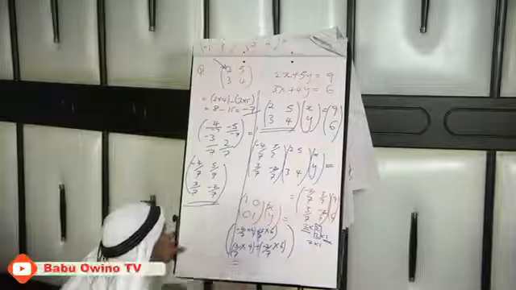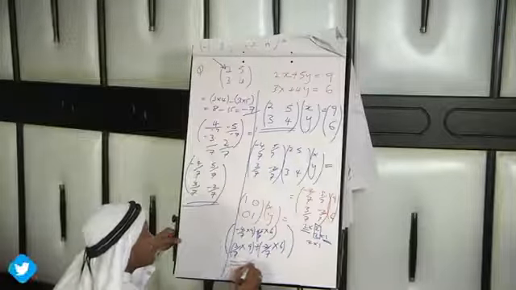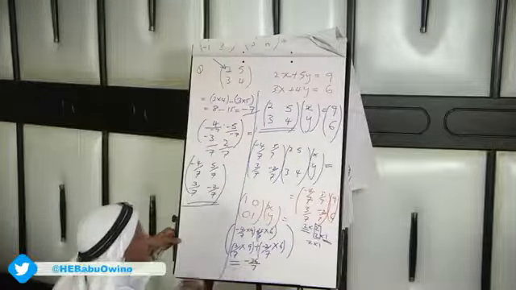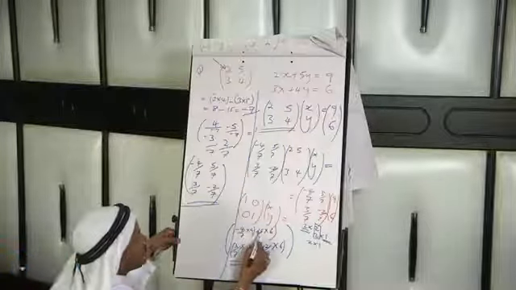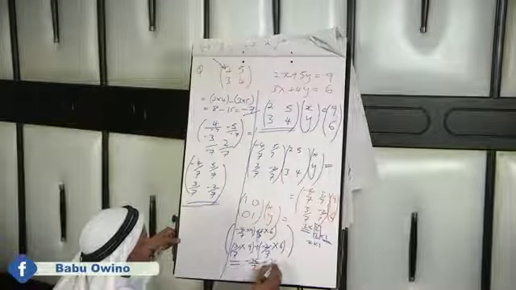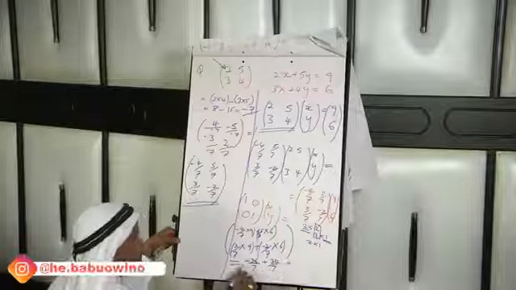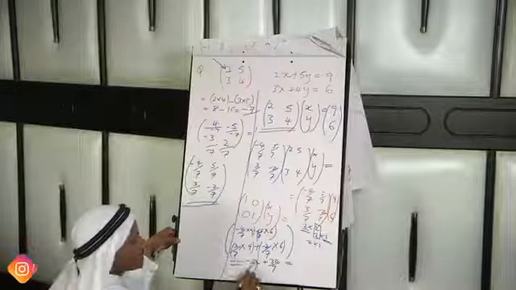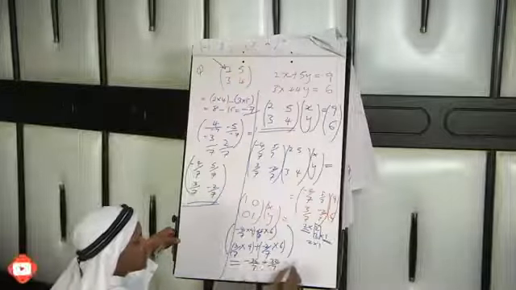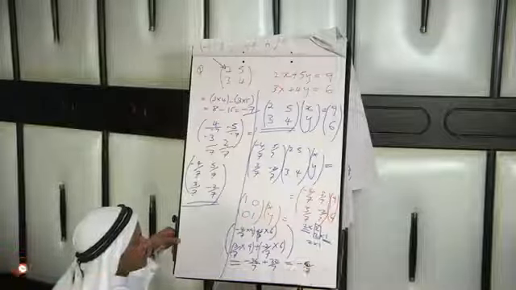What do we get? Minus 4 over 7 times 9 is minus 36 over 7, plus 5 over 7 times 6 is plus 30 over 7. This gives us minus 36 over 7 plus 30 over 7, which is minus 6 over 7.